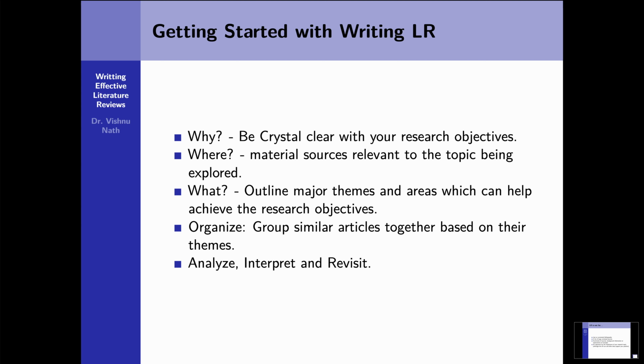The next step regarding what is to organize: group similar articles together based on their themes. This is very, very important, because when you group similar articles based on their themes, you start to see patterns in the research. Those similar articles research one particular topic.